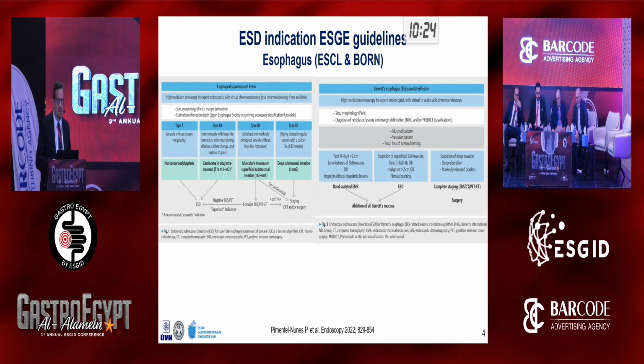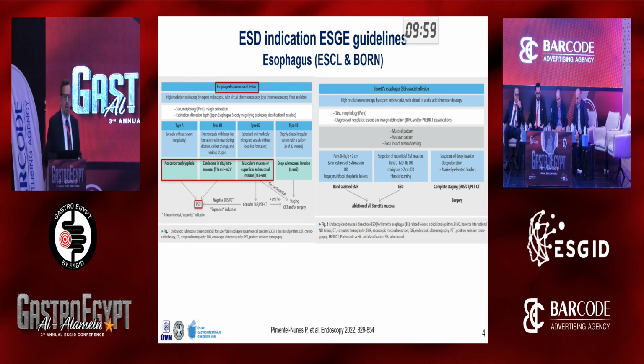It was last year. The recommendations are divided by locality. Here you can see the esophageal recommendations. When we first look at squamous cell lesions, the important thing is growth in M1 or M2, like you can see here.